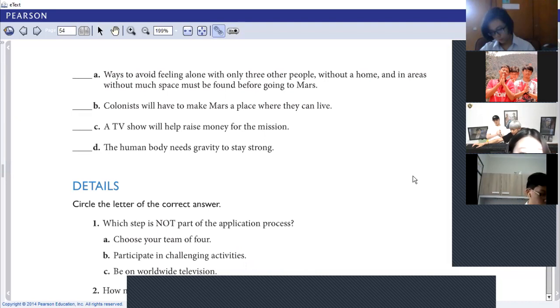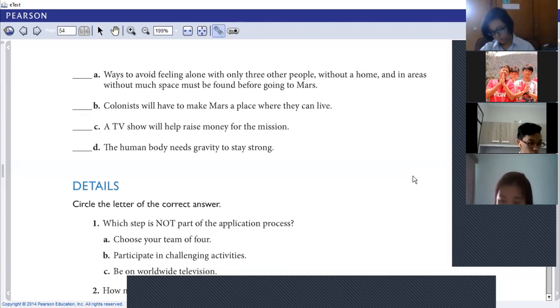Yeah, that's very good. It is 5. And which sentence do you know? Do you know which sentence refers to it? If you would underline the sentence in the paragraph that refers to it, it would be: it is important to come up with solutions to possible problems before anyone actually goes on a Mars mission.